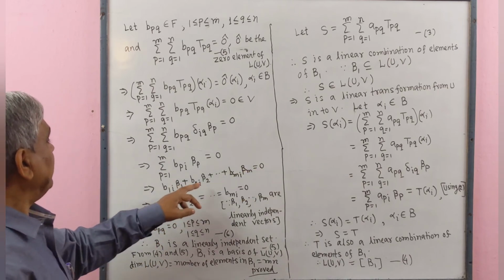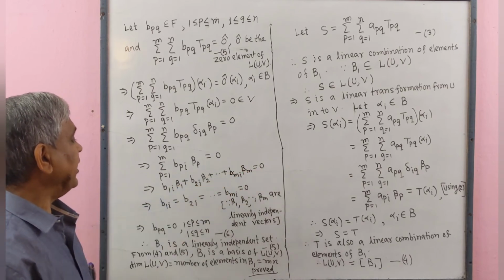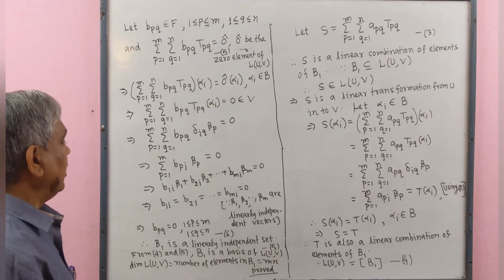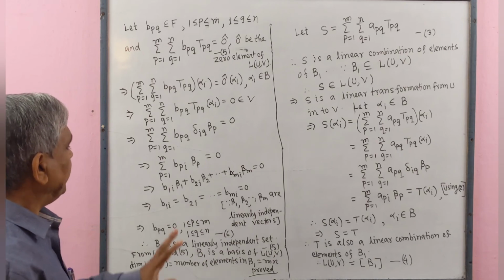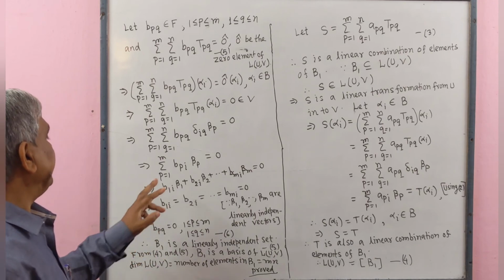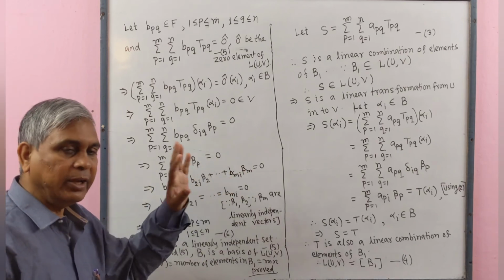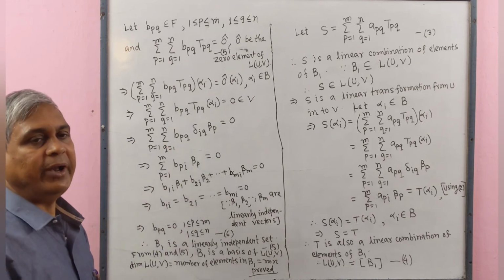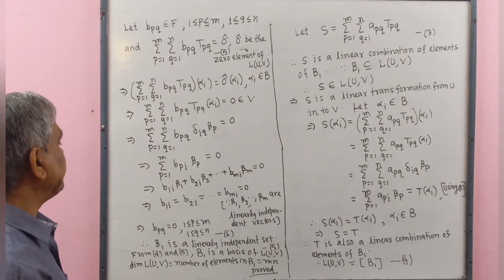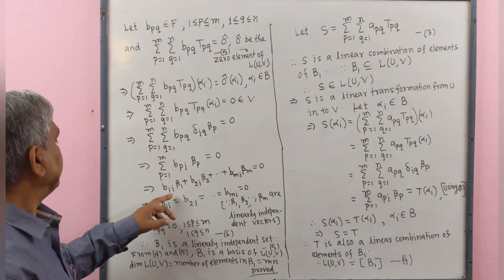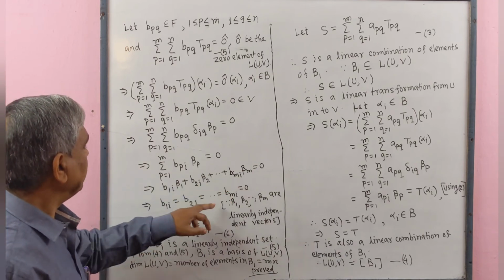Since beta 1, beta 2, ... beta M are elements of the basis of V, therefore beta 1, beta 2, ... beta m are all independent vectors of vector space V. Therefore, their coefficients will be 0.